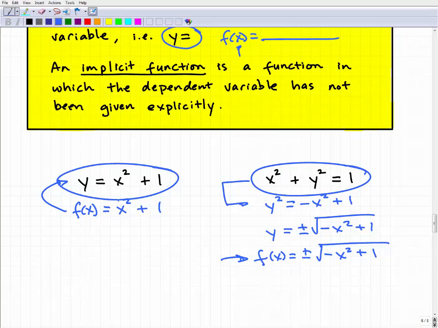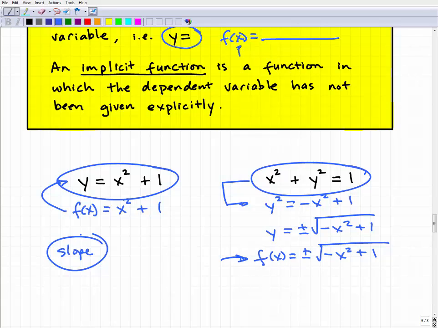It's better for us in many scenarios to write the function in its implicit form, and then we have other tools where we can find the derivative of these functions much easier. And just so you know, the derivative of a function in calculus is basically an equation for the slope of that function. It's an equation of the slope anywhere along that function's graph.